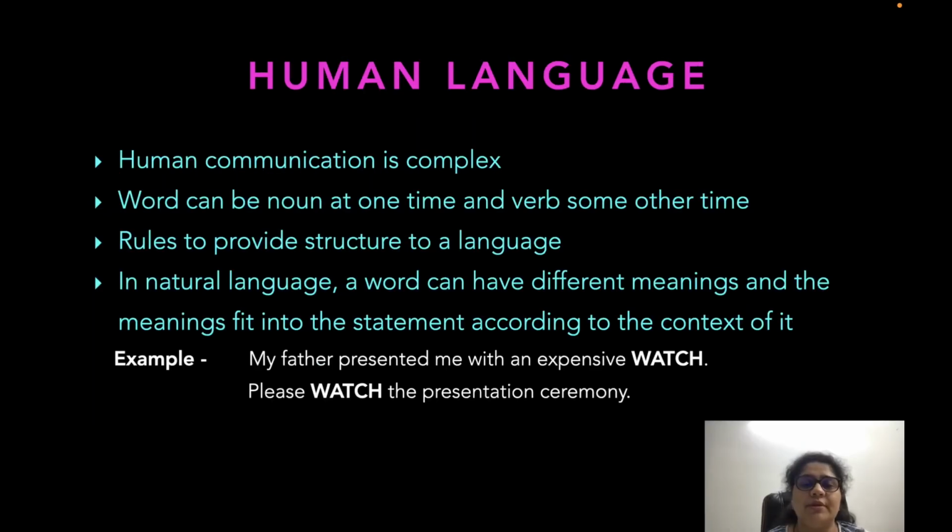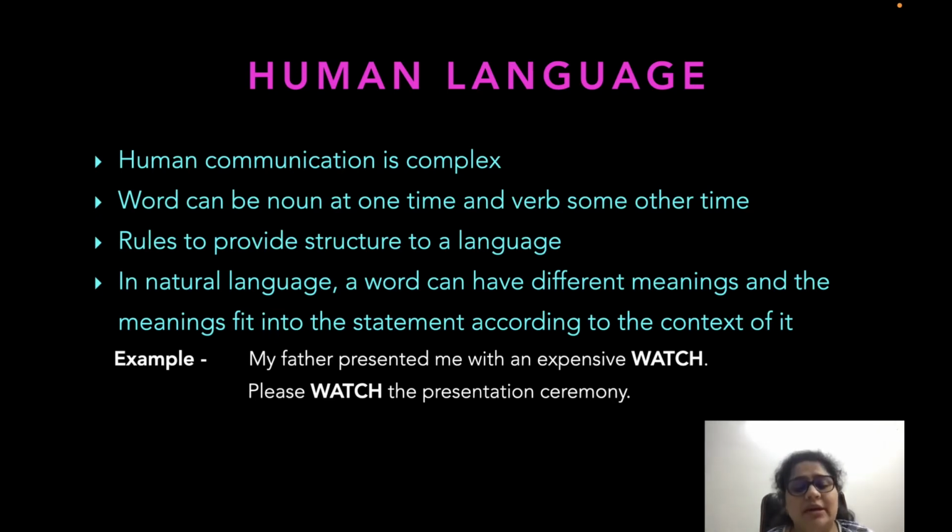The next topic for this session is human language. As we all know, human communication is an extremely important part of our lives as humans, and it is extremely complex, isn't it? So many things are there in one statement itself. If I take an example of just one sentence, probably the one written here on my slide, my father presented me with an expensive watch.